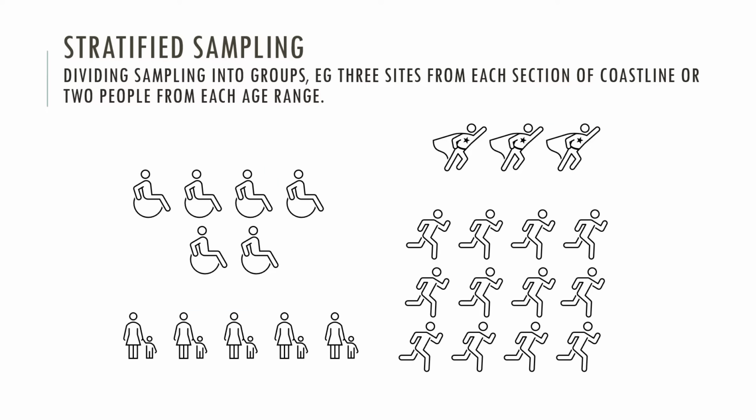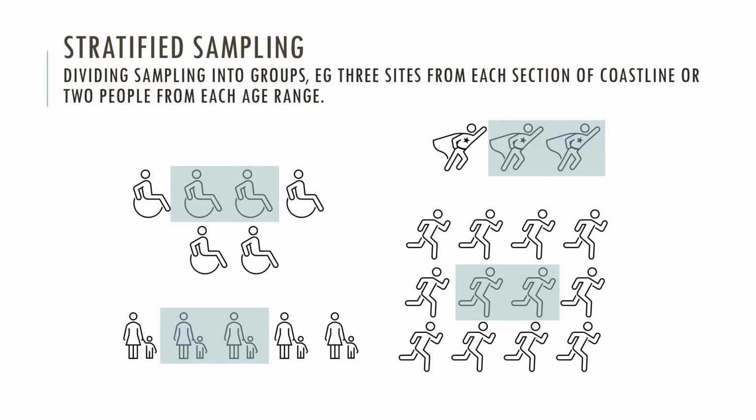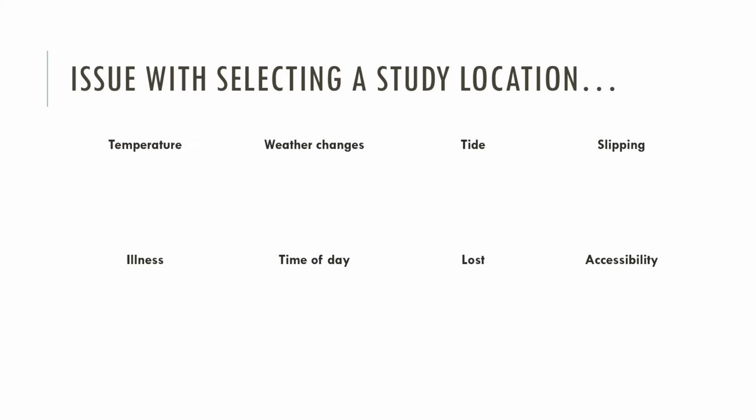Or you've got stratified sampling, so you divide up the beach into various sections, and then you plot maybe a particular point within that. So really with beaches, I haven't seen too many questions about how you go about sampling particular locations. They tend to give you those sites. Most of the time it's talking about the risks associated with selecting those sites.